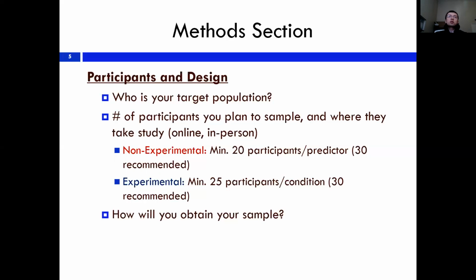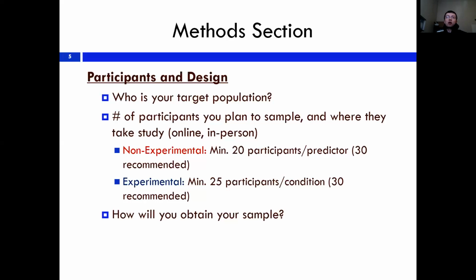For a non-experimental design, like I said before in class, the conventional rule of thumb is a minimum of 20 participants per predictor. But I would say maybe you need more. Let's say you are using how much time people run to predict the happiness they have after running. You probably need 30 participants because you have one predictor.